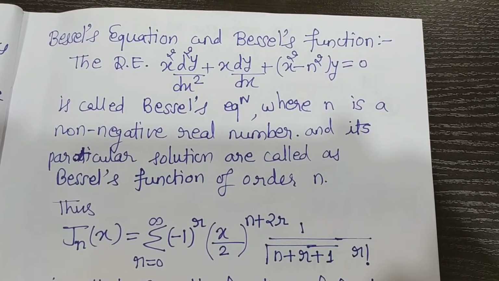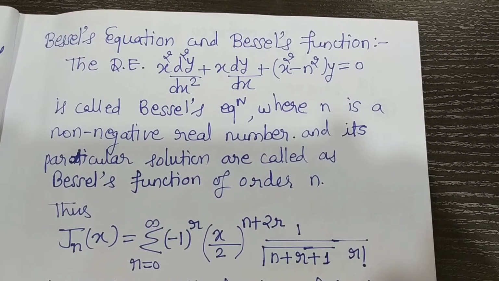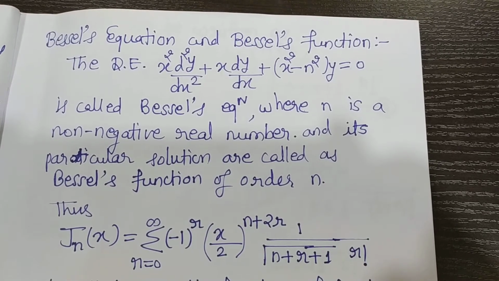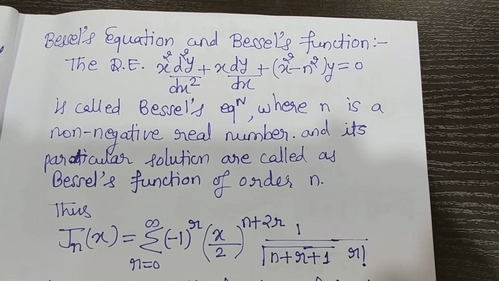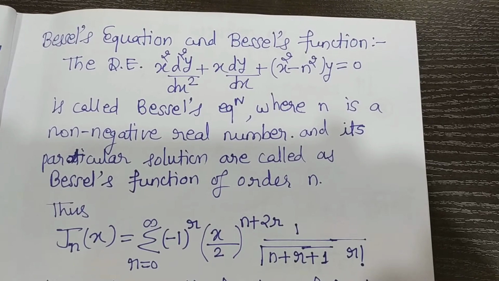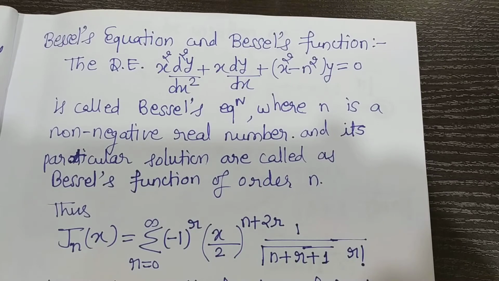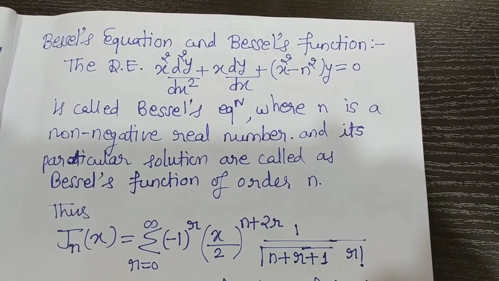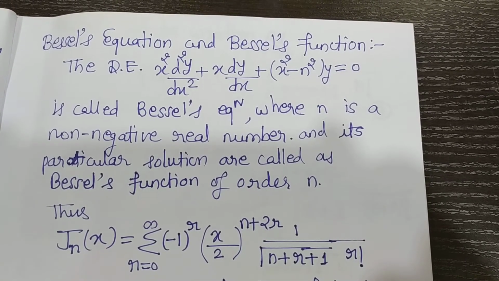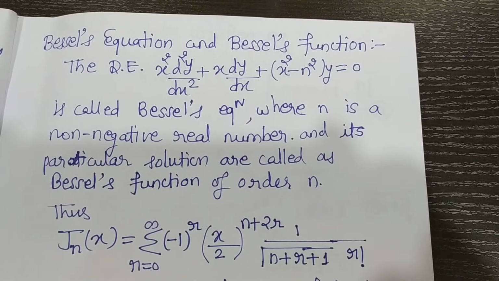The equation appears prominently in a wide range of applications, such as steady and unsteady diffusion in a cylindrical region, one-dimensional wave propagation, and diffusion in a variable cross-section media.